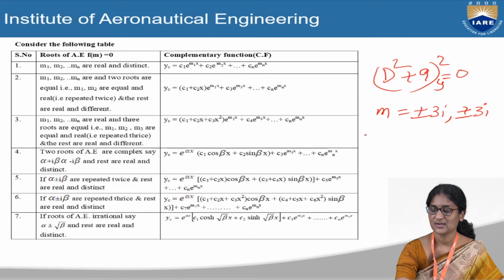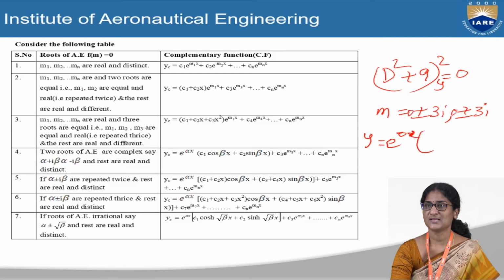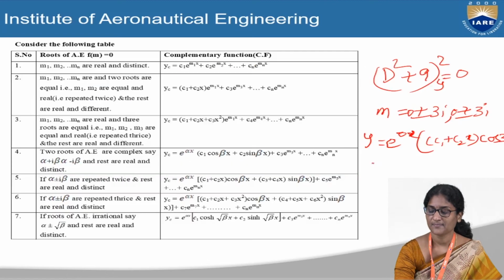It can be written as y is equal to e power 0x, because I don't have any real part, so I am representing it by 0. Now open another bracket: (c1 plus c2x) cos 3x plus (c3 plus c4x) sin 3x.